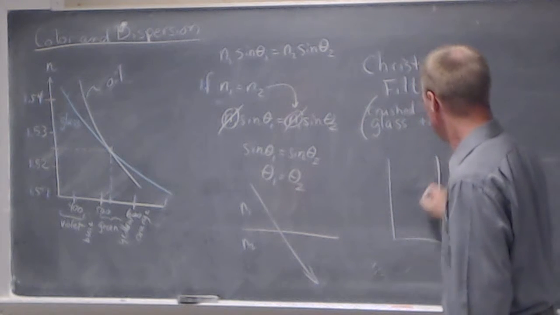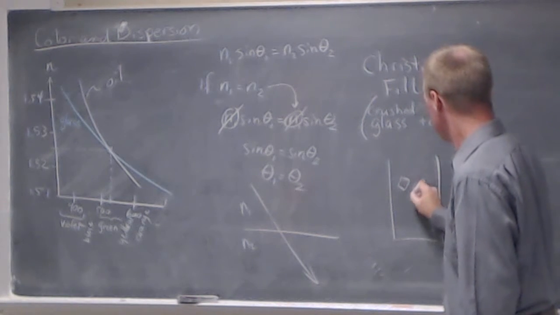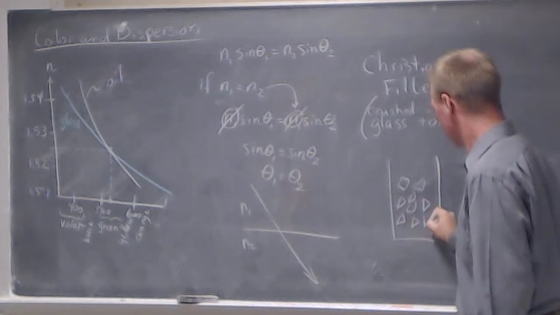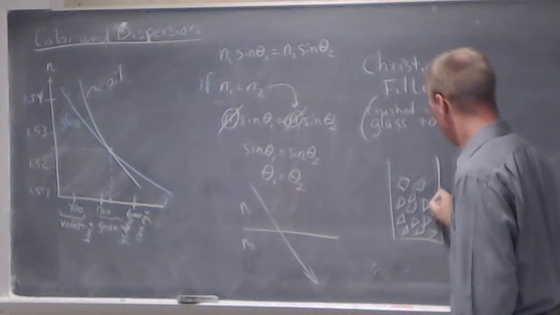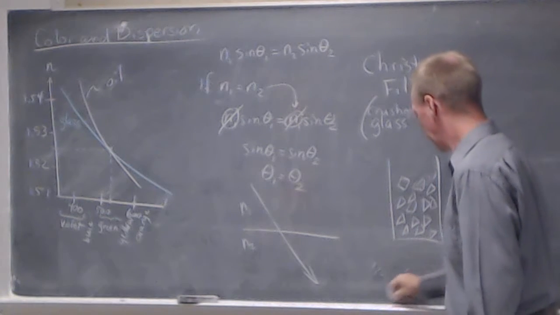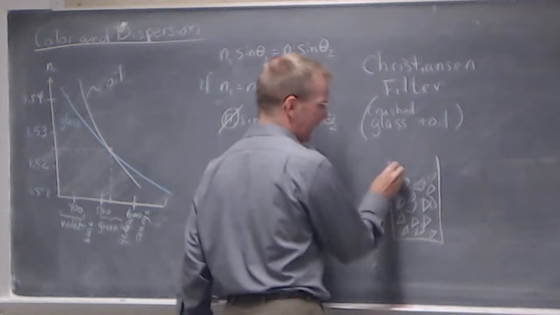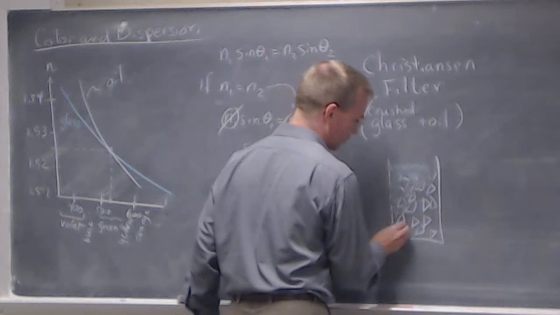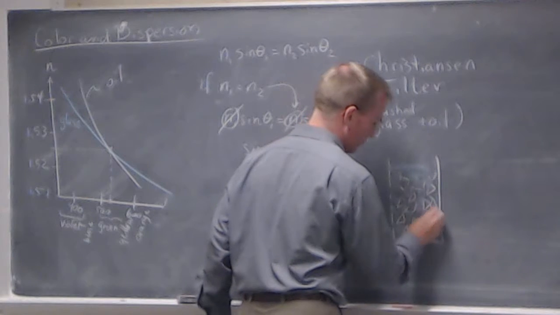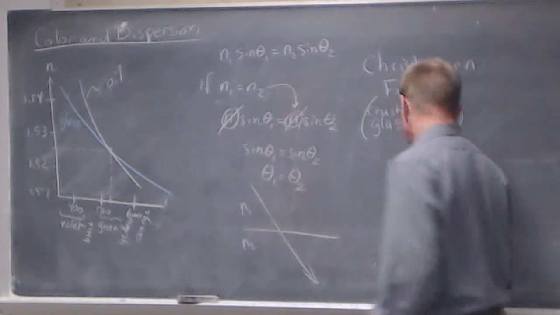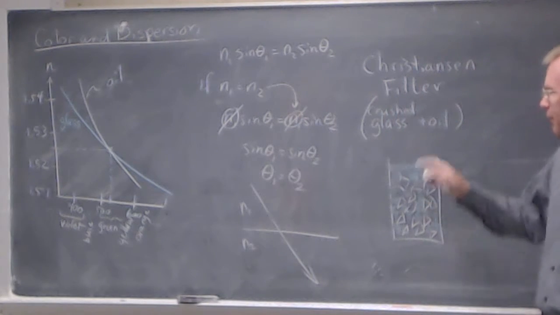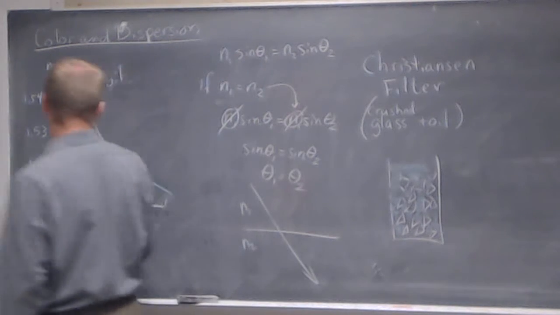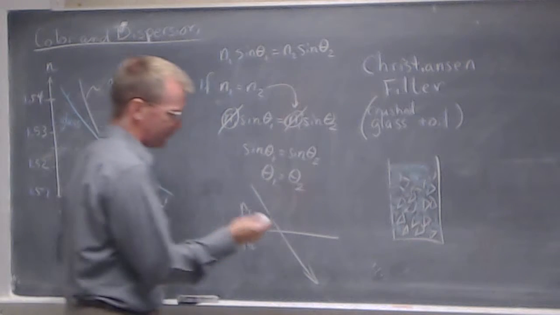Now, you put it in a jar. And then you put the glass in the jar, and you pour the oil over it, and it fills in the gaps here. Now, for any wavelength of light, other than the one where the curves match, let's say you've got very violet light coming through.